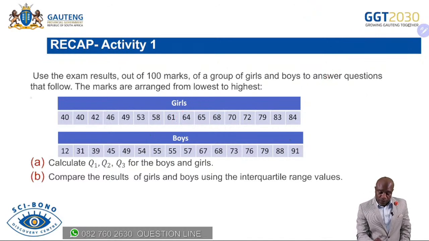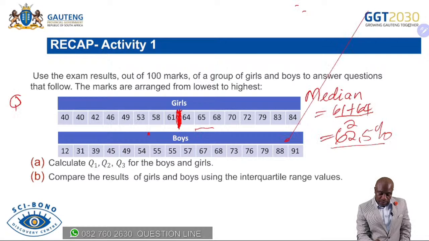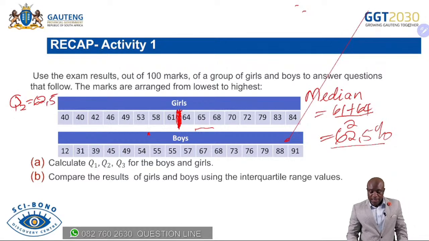So the Q2 for the girls is 62.5%. Now let's look at the boys. The middle value there is between the 55 and the 57.